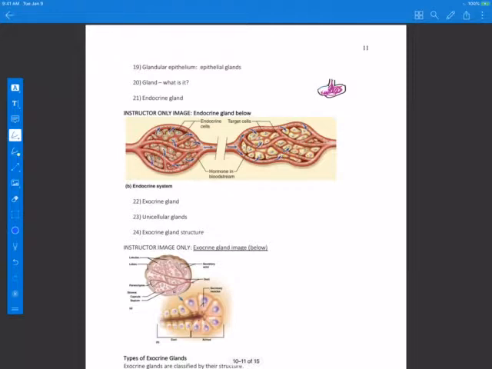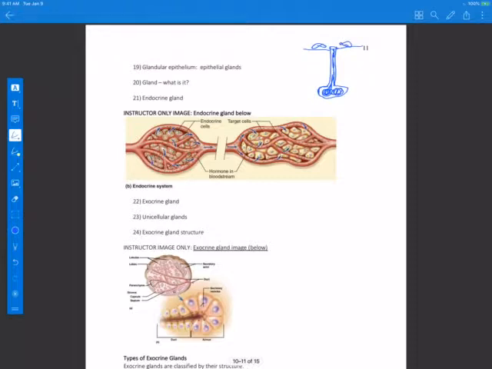So you could have glandular material with a tube, and the gland will produce a substance, and the substance will travel up the duct to be released onto the apical surface.